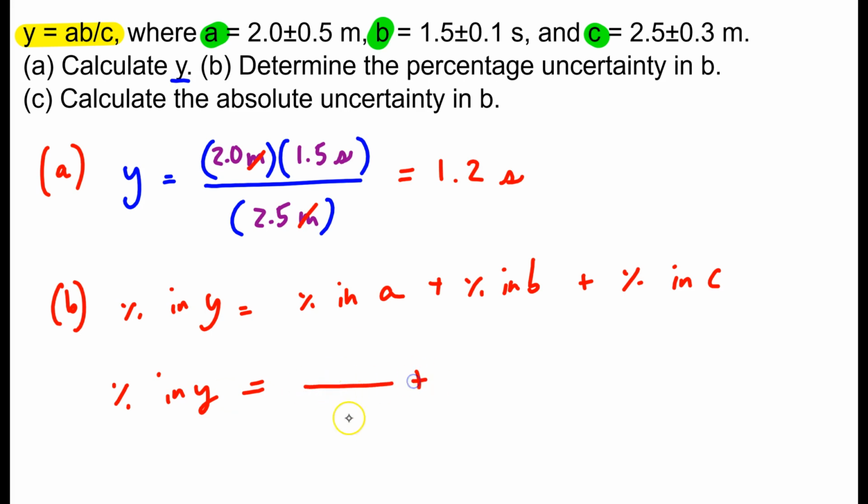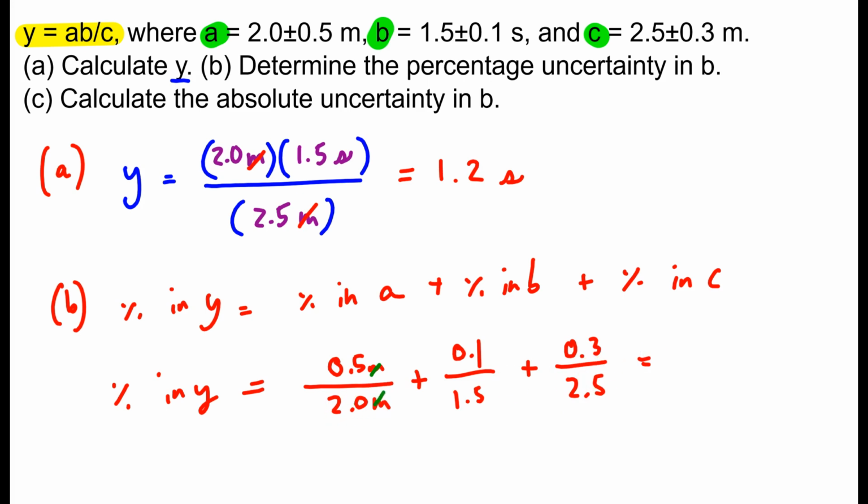Well, I do the ratio. A's uncertainty is 0.5 meters, and its value is 2.0. Notice how the units will cancel. B has an uncertainty of 0.1. The value is 1.5. C has an uncertainty of 0.3. The value is 2.5.